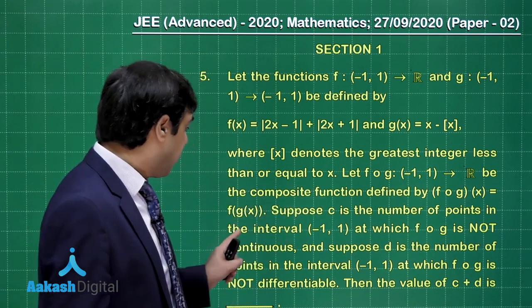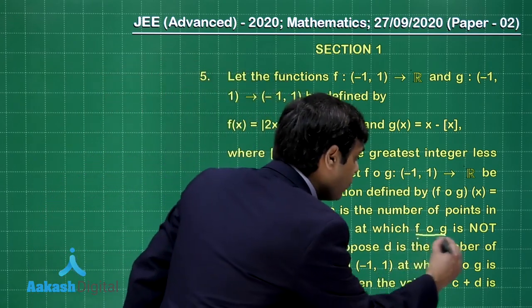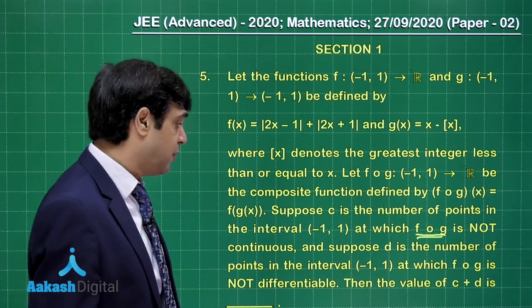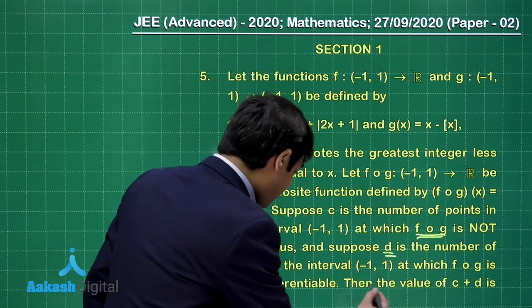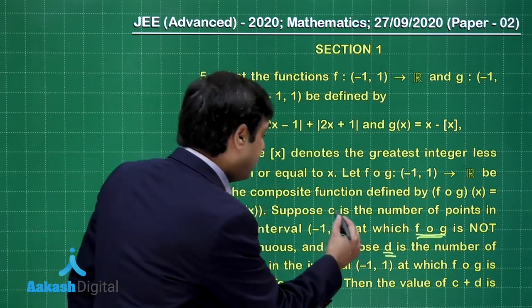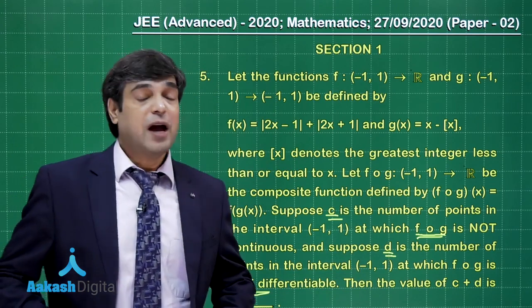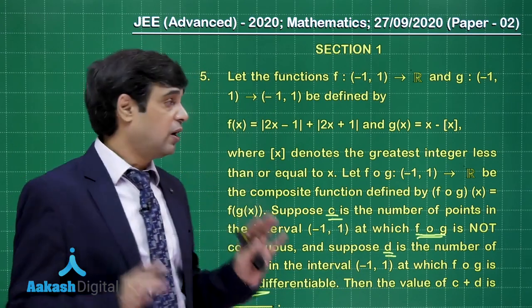Suppose C is the number of points in the interval minus 1 to 1 at which f∘g is not continuous, and D is the number of points where it is not differentiable. Correct? So we have to find the value of C plus D. So we have to find the points of discontinuity and points of non-differentiability, the total number of such points.